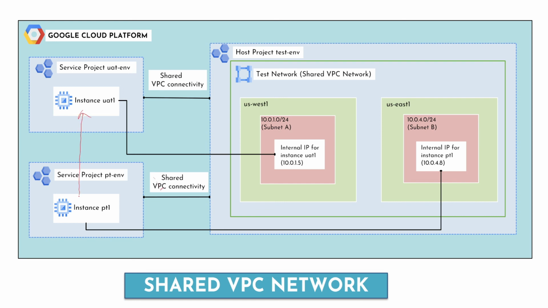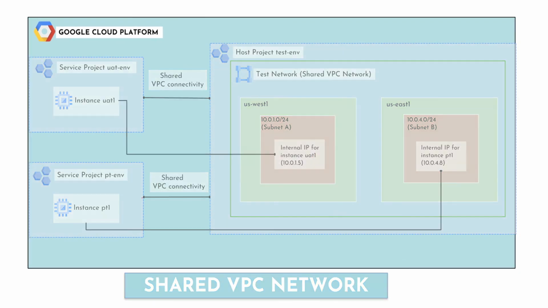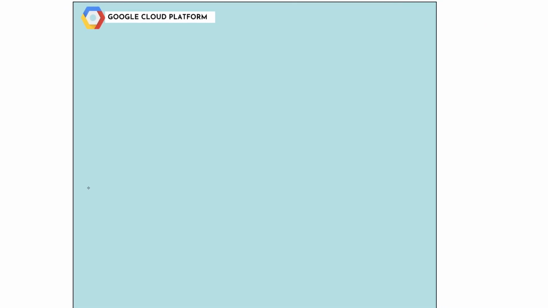So these two instances can now talk to each other via their private IPs, because those two private IPs have been created in the shared VPC network and there is already connectivity between them. So this is how shared VPC network works. And you could have multiple host projects in an organization.